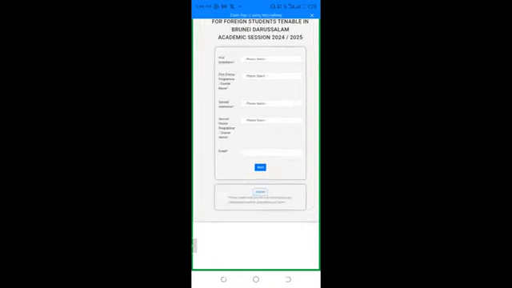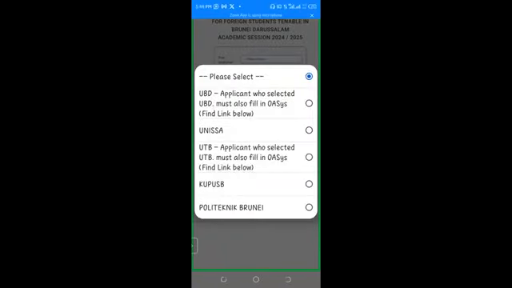So this is it: Government of Brunei Darussalam Scholarship for Foreign Students, Tenable in Brunei Darussalam. Academic session 2024. Sorry, I forgot to mention the deadline. It's still open and I think it closes around February 15th, so you can still go ahead and apply if you intend to take this scholarship.